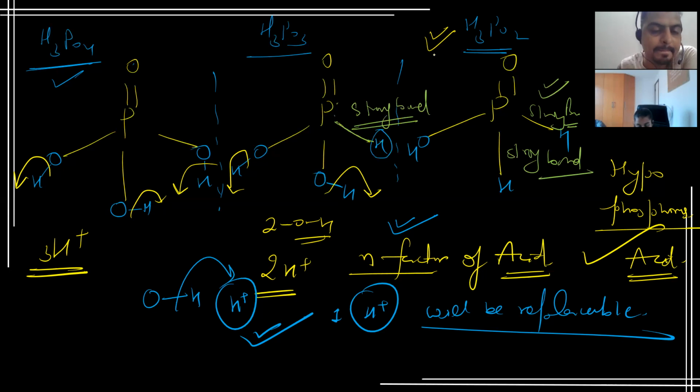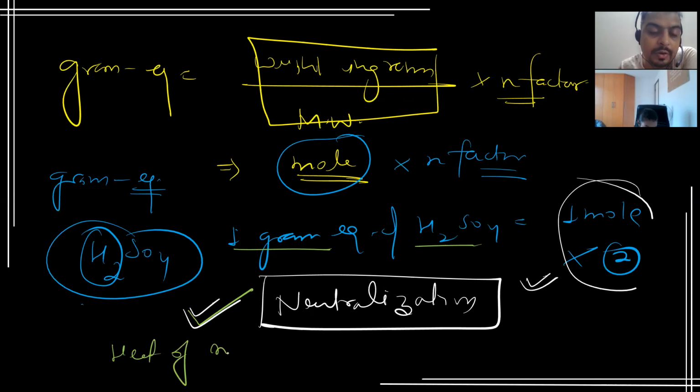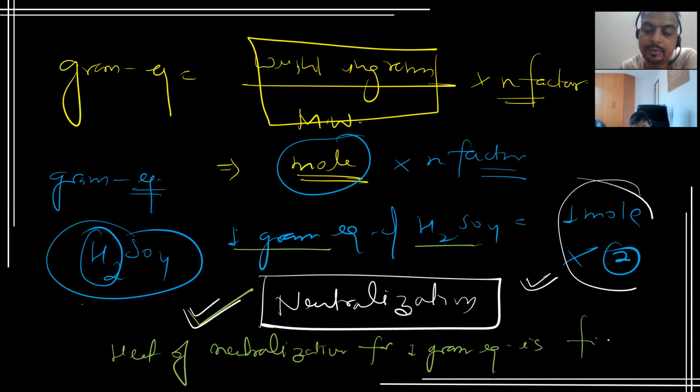Okay, cool. So now let's have the theory of neutralization. What is neutralization? Neutralization says 1 gram equivalent of acid reacts with 1 gram equivalent of base and produces the heat of neutralization. The heat of neutralization for 1 gram equivalent is fixed.